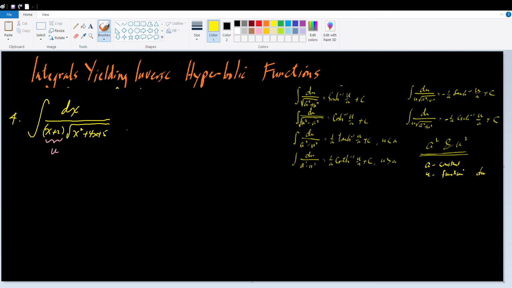And to form the term u squared in our radical, we complete this x squared plus 4x as a perfect square trinomial, and that is by adding 4. But since the original constant is 5, let us just write 5 as 4 plus 1.